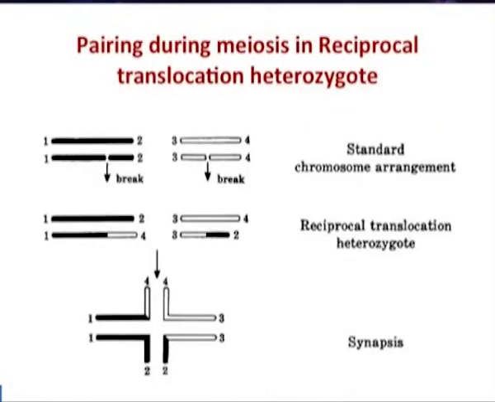In homozygotes for a reciprocal translocation, meiosis proceeds normally, since all chromosome pairs can synapse to produce bivalents, whereas in heterozygotes for reciprocal translocations, unorthodox synapsis occurs during meiotic prophase first.